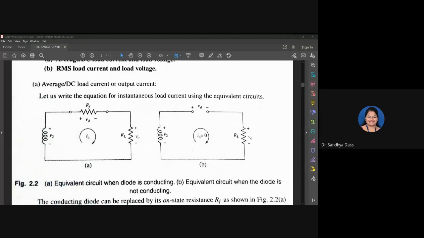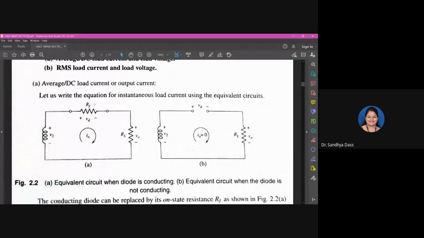Rf is nothing but the internal resistance of the diode. Assuming there is some internal resistance of the diode and replacing it with Rf. So when the diode is conducting, replacing the diode with its internal resistance, this will be your equivalent circuit when the diode is conducting.